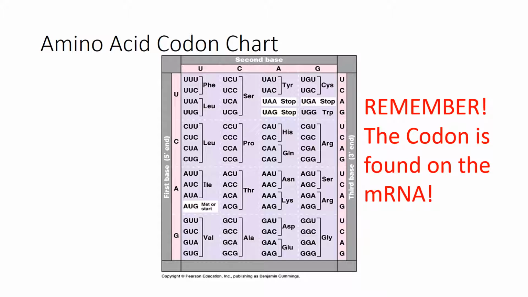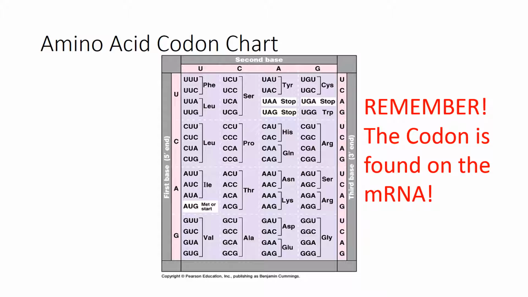Remember, the codon is found on the messenger RNA, and the anticodon is found on the transfer RNA, and the codon and the anticodon match up, again using base pairing rules.